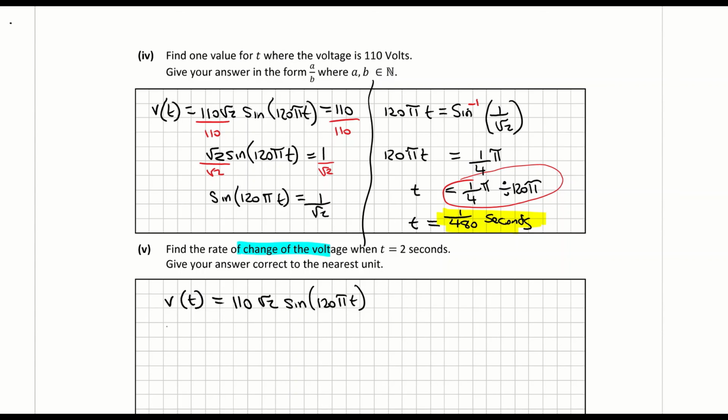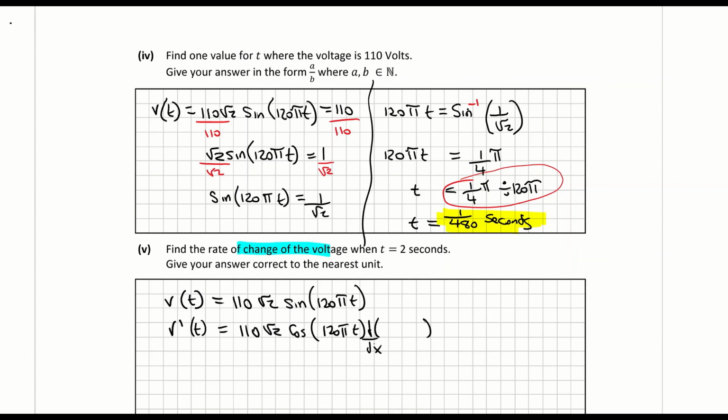Now it's in terms of t, and I need to differentiate this using the chain rule. So the derivative of v for t is going to give me 110. So we write our constant 110 root 2 again. Differentiate sine is written as cos 120 pi times t, and I times that then by the derivative of what's inside the bracket, which is going to give me 120 pi.